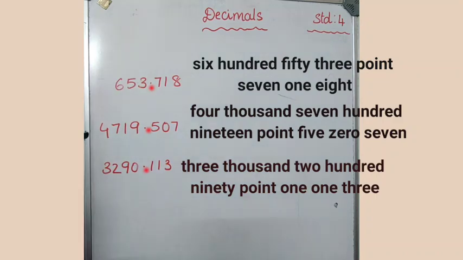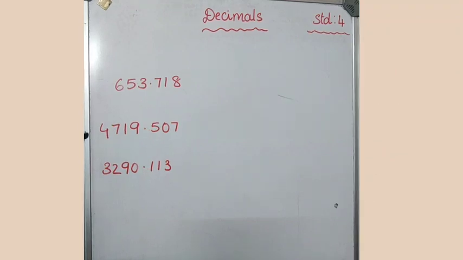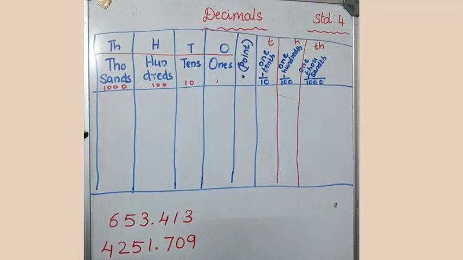3290.113. How will you represent this number in the place value chart? We have already studied the place value chart of the whole number. We can try. Look here. This is the place value chart of the decimal number.